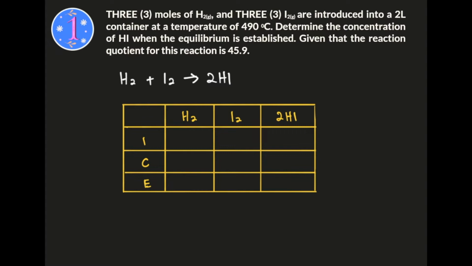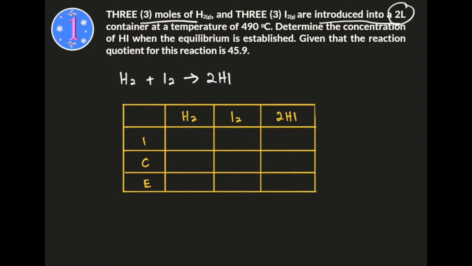Alright, now we are going to continue on with writing the ICE diagram. So in the question it states here 3 moles of hydrogen, but be careful when you write your ICE diagram, it must be in concentration and not in moles. In the question also, it gives you information whereby it is being put in a 2-liter container.